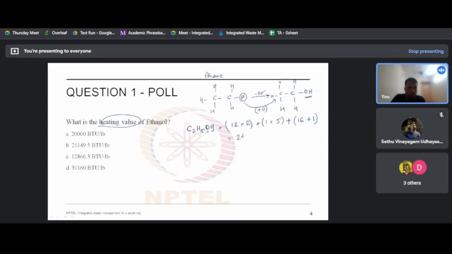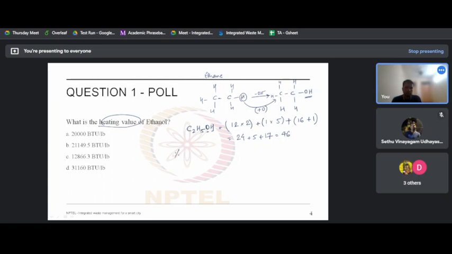So this would become 24 plus 5 plus 17, which is 46. Whatever unit you want to take, you can take: 46 grams, or micrograms, but it will be 46 units. Then we need to find the percentage of each of the atoms present in the compound.